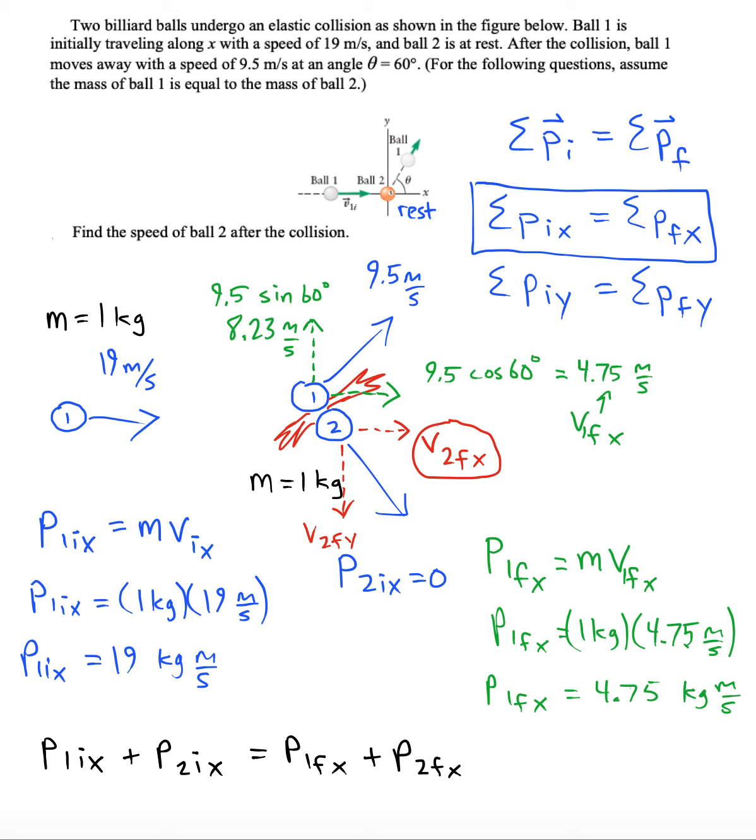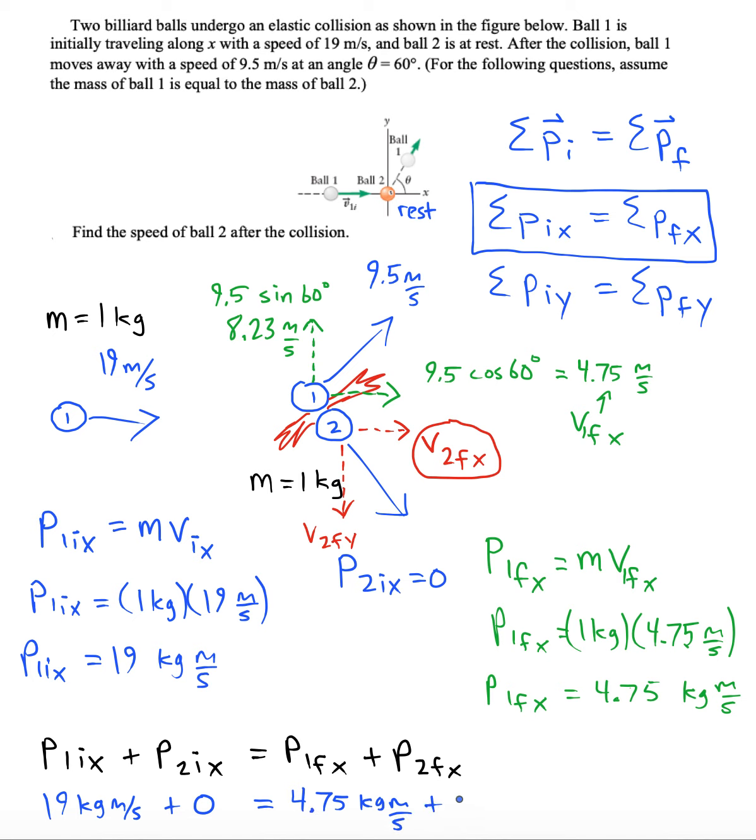Now let's plug in the numbers. 19 kilogram meters per second plus 0. This one had the 19 kilogram meters per second, this one had none. We have to conserve the 19 kilogram meters per second. And we put in the 4.75 that the one ball has in the x direction.